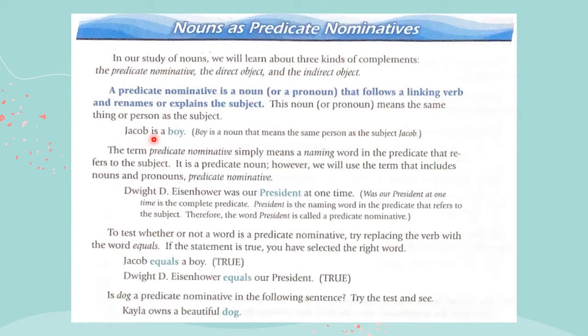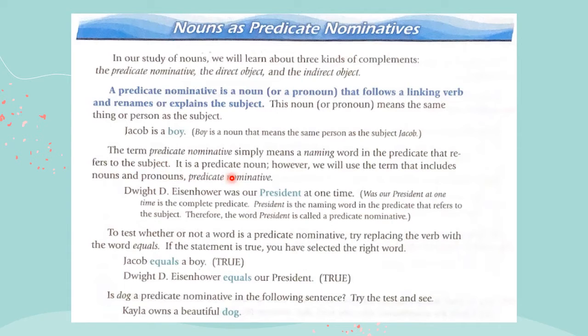So Jacob is a boy. If you just said Jacob is, you wouldn't have a complete thought. You need that word boy to complete your thought. Jacob is a boy. So boy is our completer. It's a predicate nominative because it's following a linking verb. That's what makes this a predicate nominative. The term predicate nominative simply means a naming word in the predicate, so that means the part that goes with the verb, the part of the sentence with the verb, that refers to the subject.